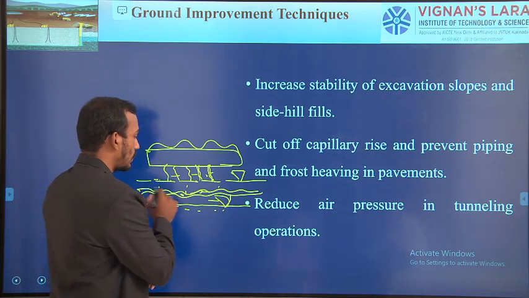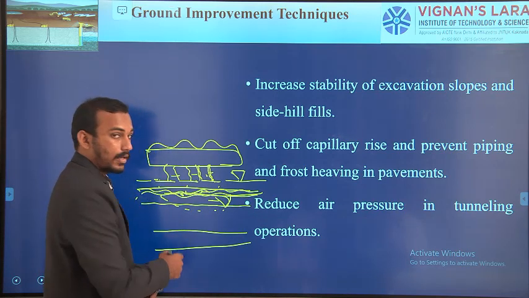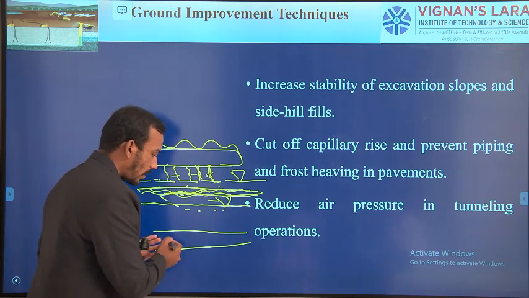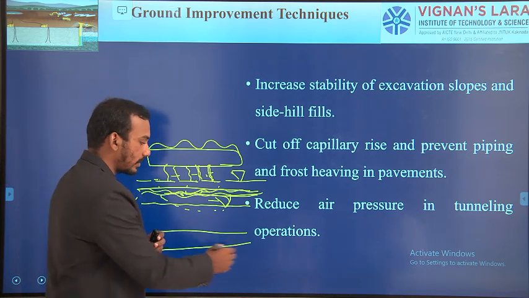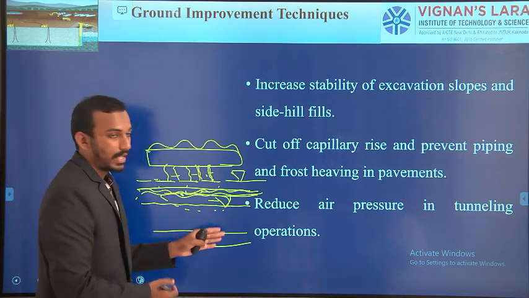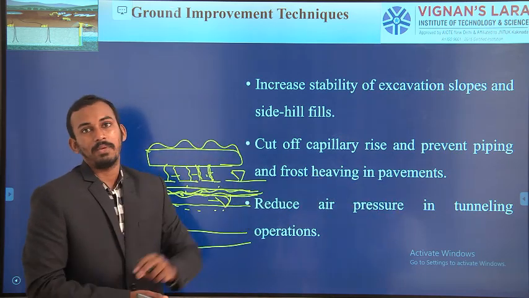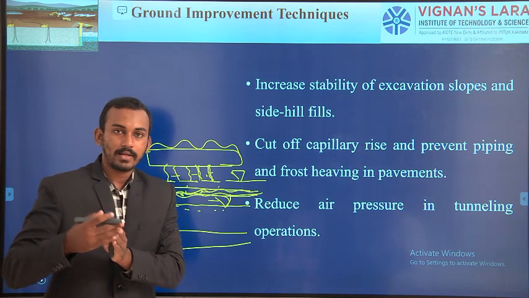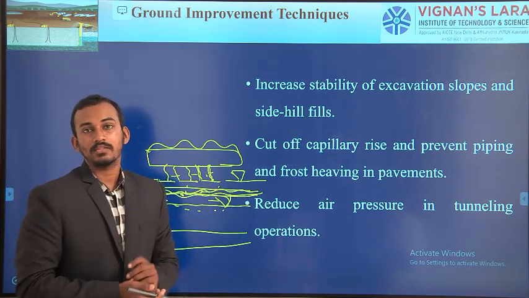It finally forms a pipe-like structure. See, pipe means a hollow member. Here, when the water is flowing, it takes away all the soil particles, so nothing is there. So it seems to be like a pipe. So that's why it is known as piping. Piping means when the water flows in a horizontal direction, it erodes all the soil particles along the way.